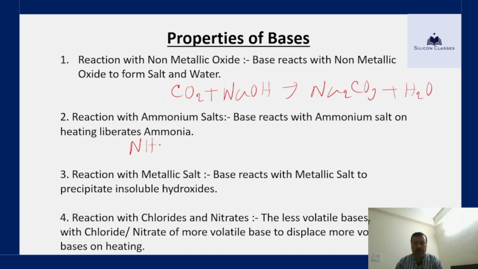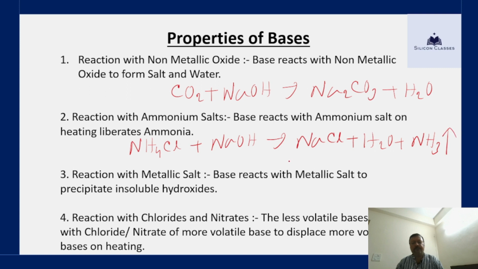Suppose the ammonium salt is ammonium chloride, which reacts with NaOH to form the corresponding salt NaCl plus water and will liberate ammonia gas.